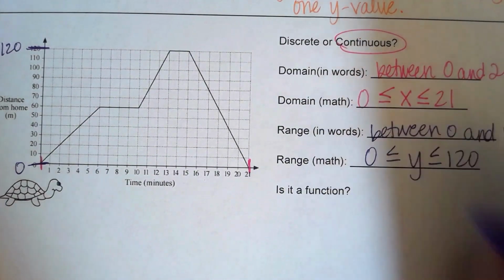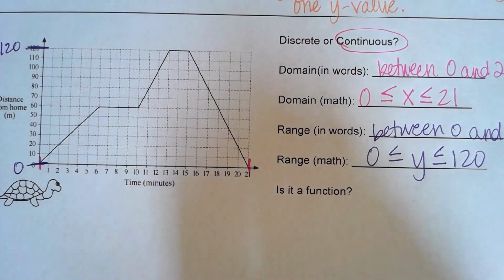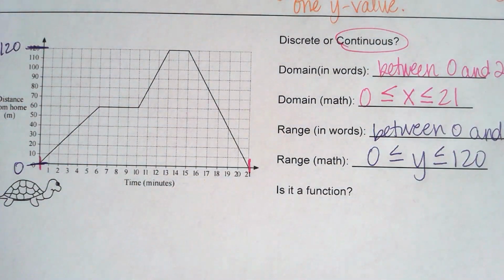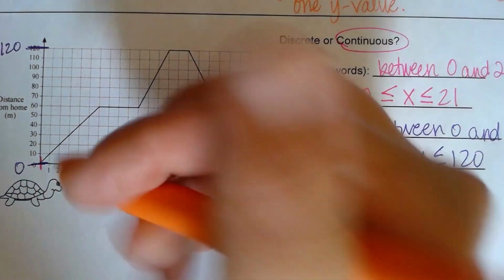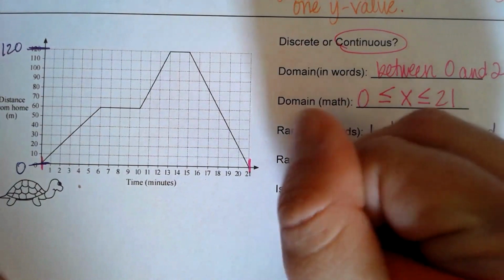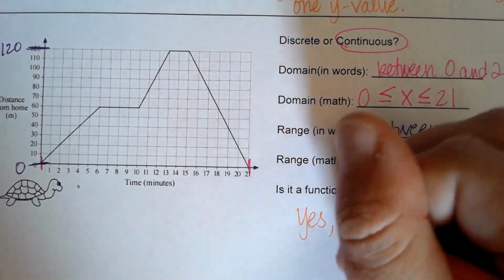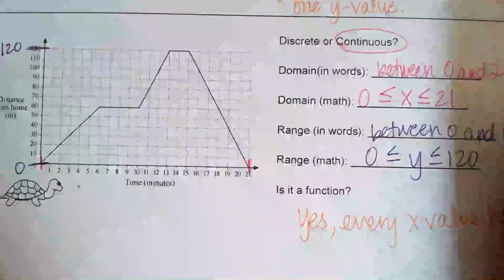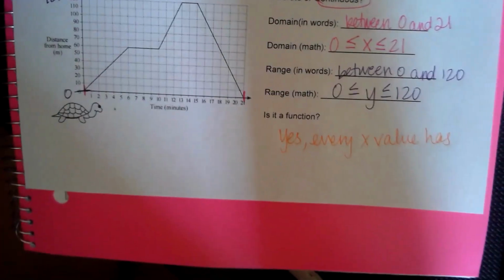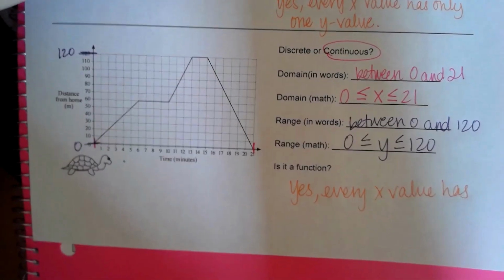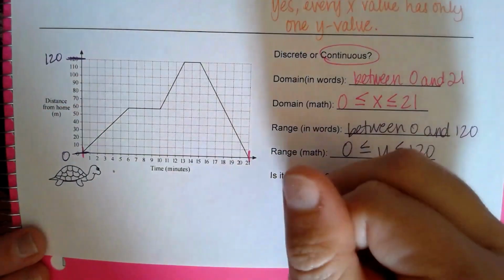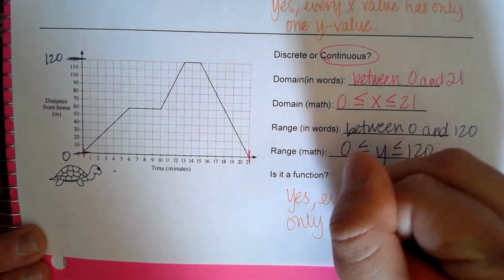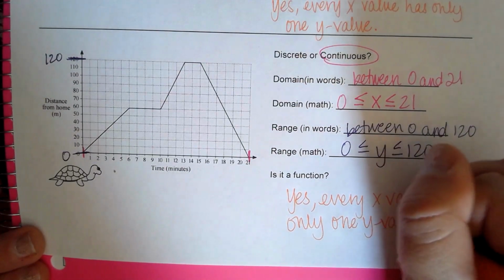Little part to the left with the equal bar. And then, is it a function? We do the vertical line test. We see that yes, every x value has only one y value.